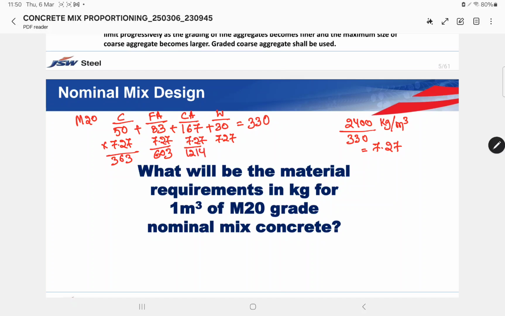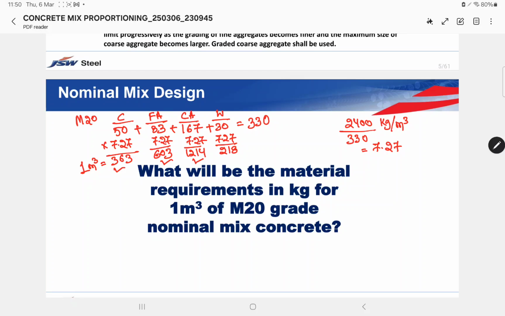Then 30 into 7.27, 218. So this is the quantity of material required for 1 m³ of concrete. So for 1 m³ of concrete, I need a cement content of 363 kg, fine aggregate content of 603 kg, coarse aggregate content of 1214 kg, and water 218 kg, that is liters.